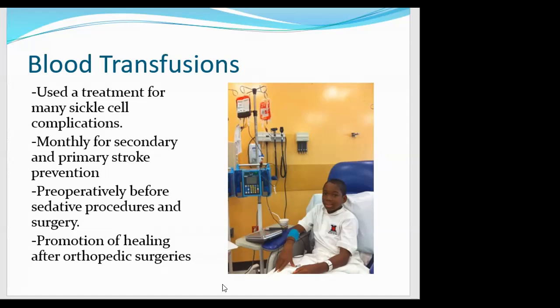If iron levels are high, we will want to put the patient on some type of chelator, Desferal, Exjade, or Jadenu, you'll hear. These are oral, once a day chelators that the patient takes by mouth. They mix it in water or juice, they drink it, and it actually helps them excrete the iron out of their body through their feces. So they poop out all that iron.